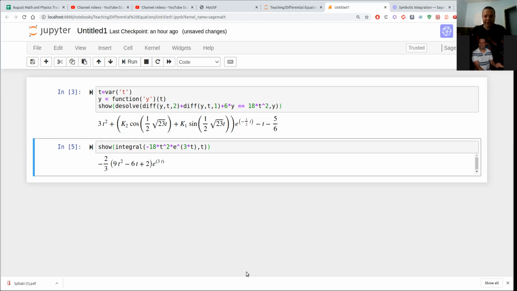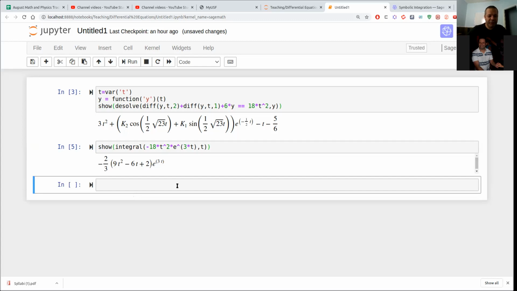Okay, and let's do the v2 of t. So we're going to do another one, the integral of 18 times t squared times e to the 2 times t with respect to t.